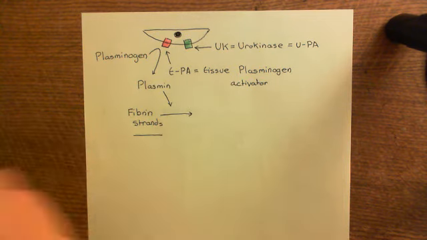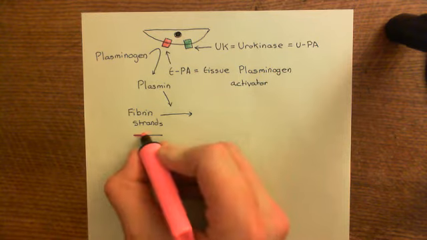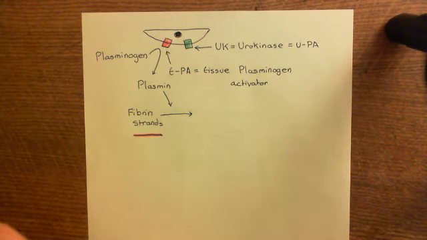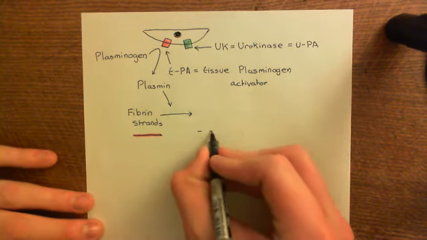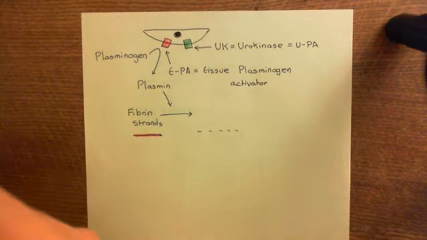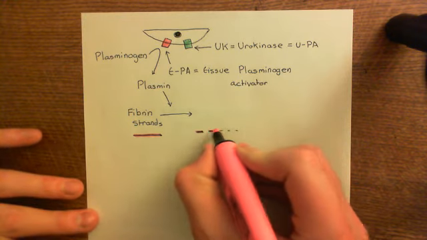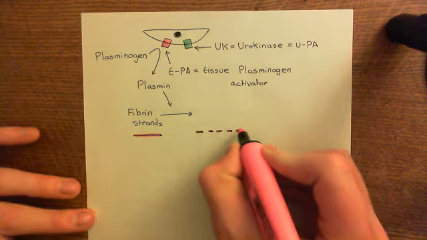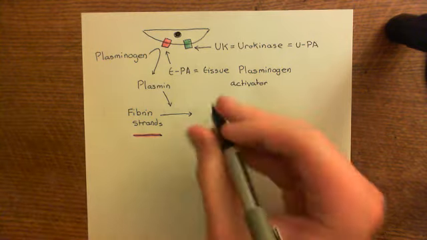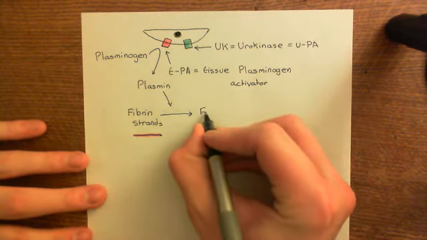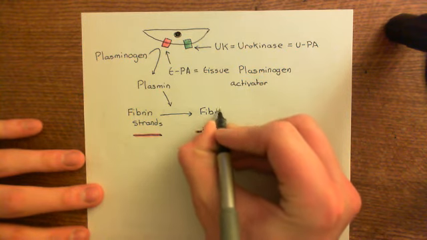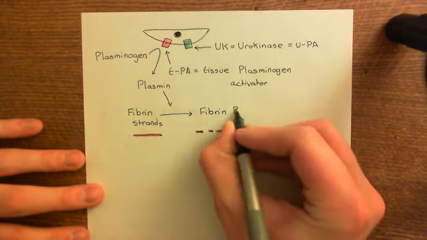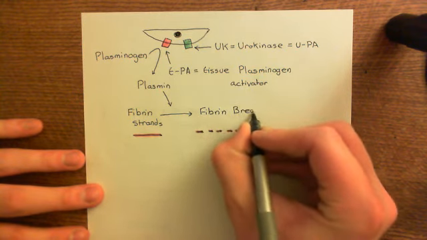So here is a fibrin strand, let's say, in pink. What it's going to do is break it down into loads of little pieces, and these are known as fibrin breakdown products. So this is a fibrin breakdown product. So what does plasminogen overall do? What's the big picture?